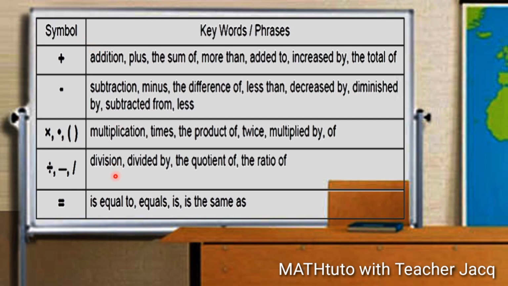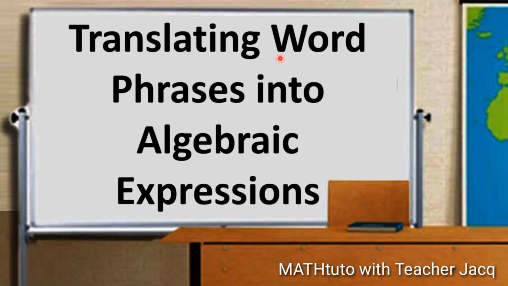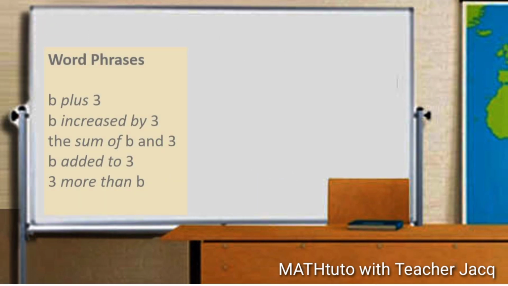For the division symbol, we have division, divided by, the quotient of, the ratio of. For the equal sign, keywords are is equal to, equals, is the same as.